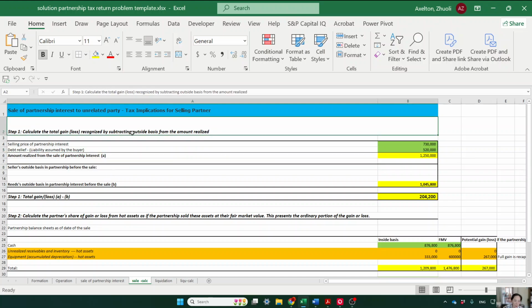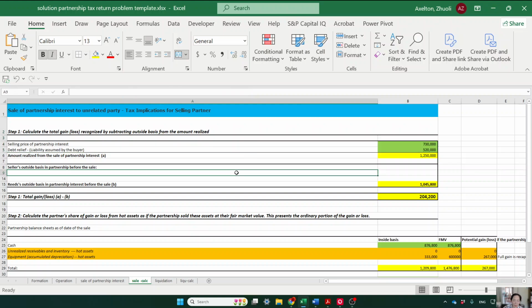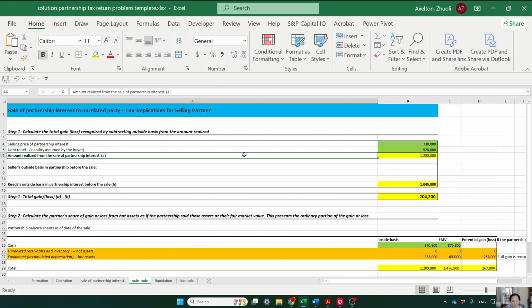This is just one of the calculations I put together to help you identify the steps, because this template can help you say, okay, this is the issue we're dealing with, this is what we need, these are step 1, step 2, and step 3. A lot of times we want to make sure our starting point of the calculation for taxation is correct. If we start with step 1 wrong, then all the subsequent calculations could be wrong.